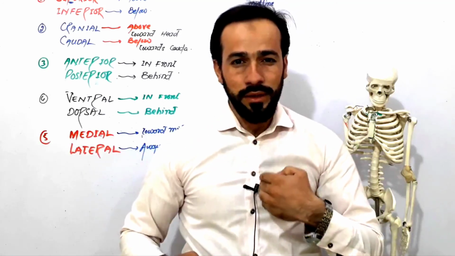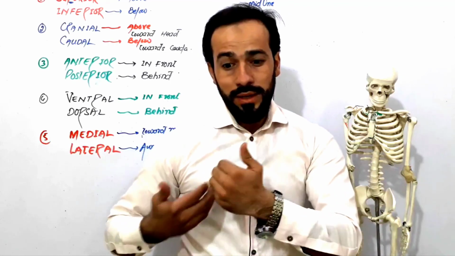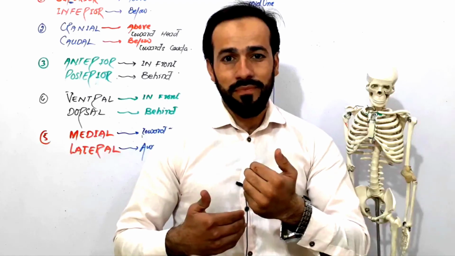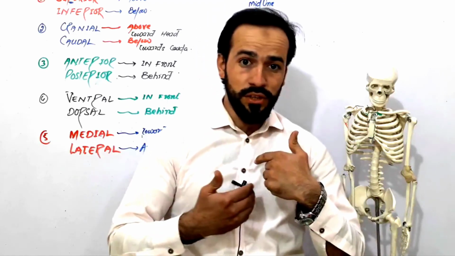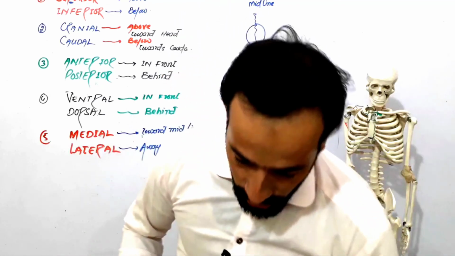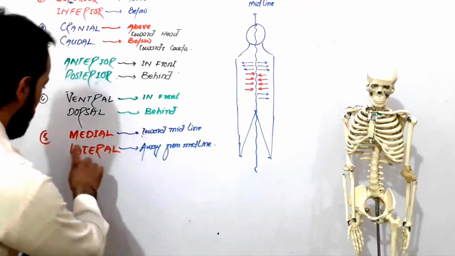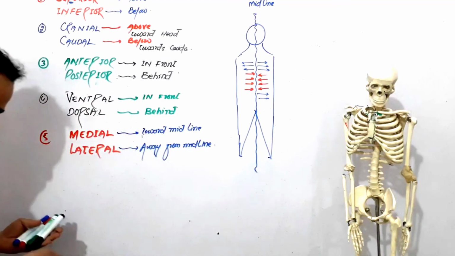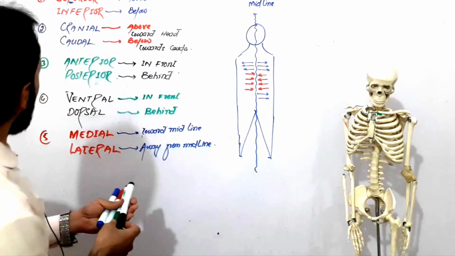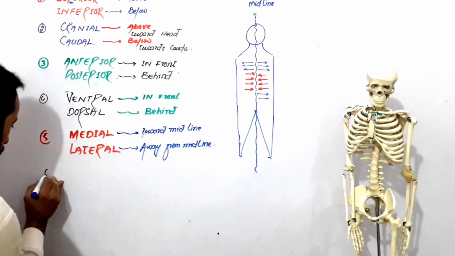Now look, my ribs are lateral to my sternum, and my sternum is medial to my ribs. It's so simple, friends. Okay, this was another pair that we completed, medial and lateral. Then there is another pair, and that pair is called proximal and distal, number 6.